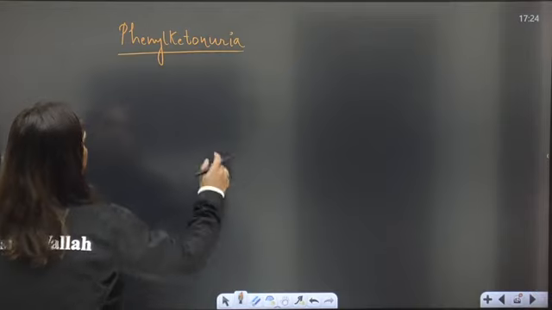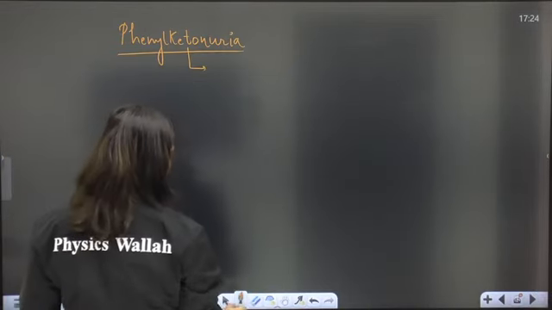Phenylketonuria is a disease in which there is a gene involved.